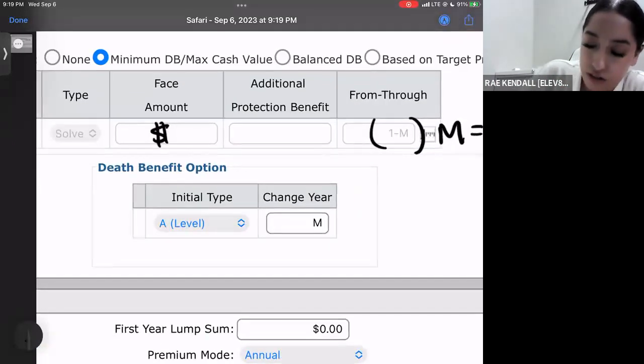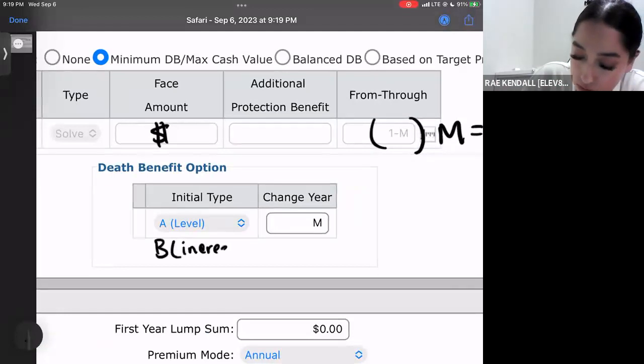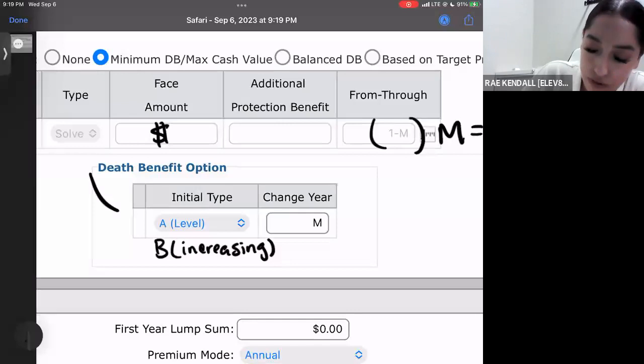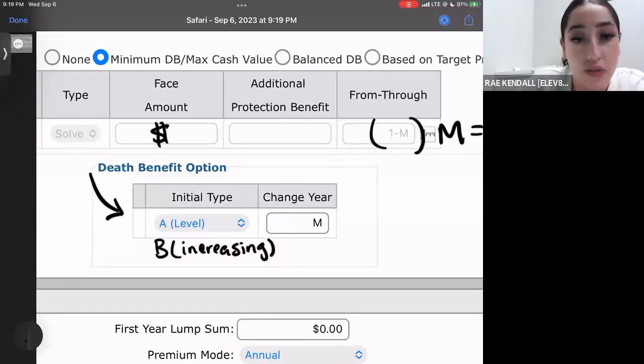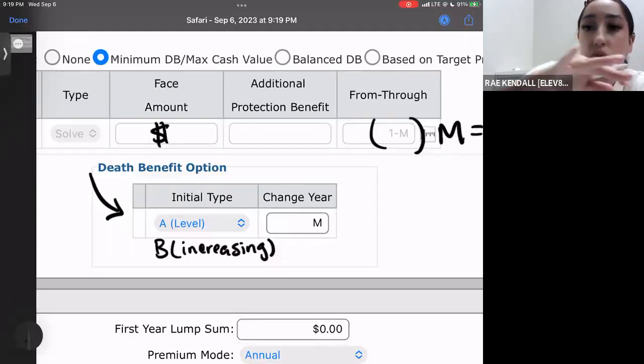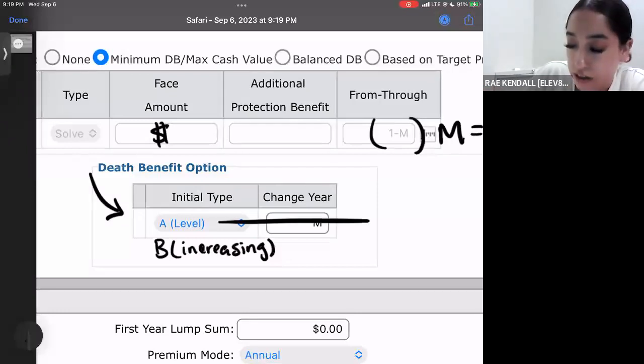Then another option that comes up is here, increasing. It's the death benefit. The death benefit can stay level, meaning the cost of insurance is the same throughout the entire year of the policy. Level, meaning the life insurance or cost of insurance is just level.